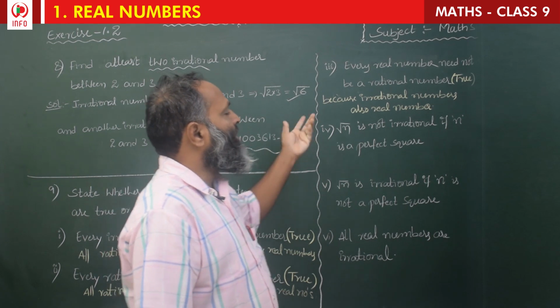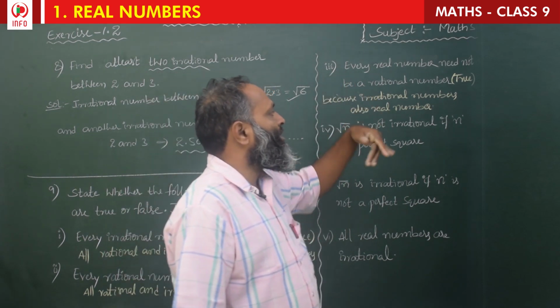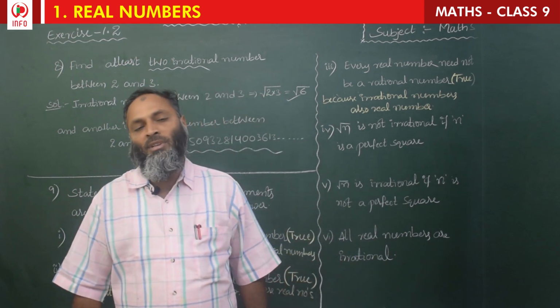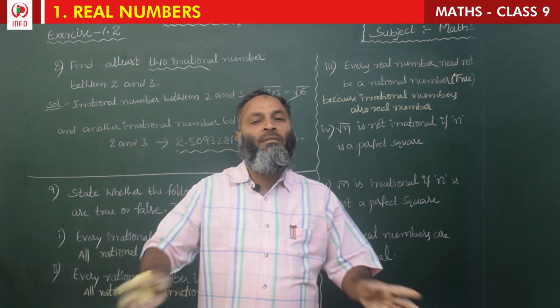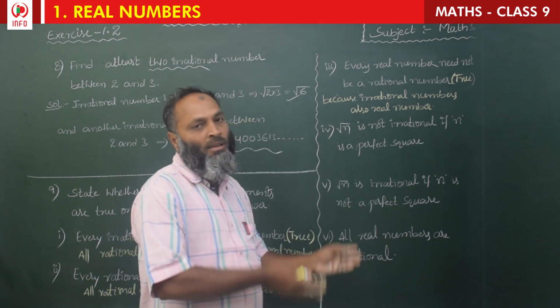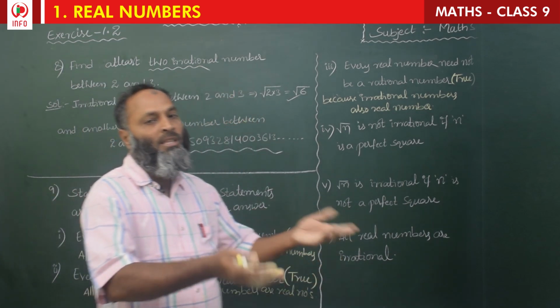So that is why it is not compulsory that every real number is a rational number. Some numbers are rational, some numbers are irrational. It is not compulsory, because the combination of rational and irrational is the real numbers.